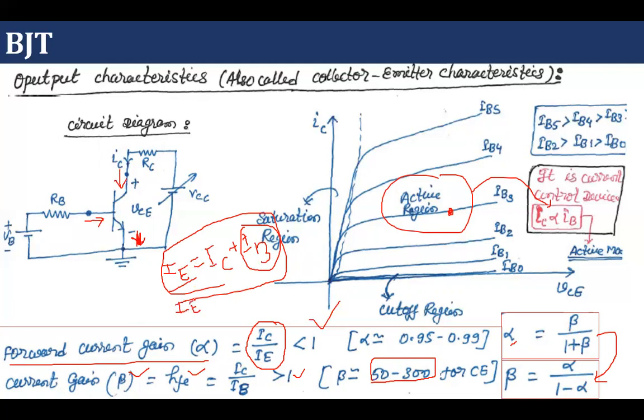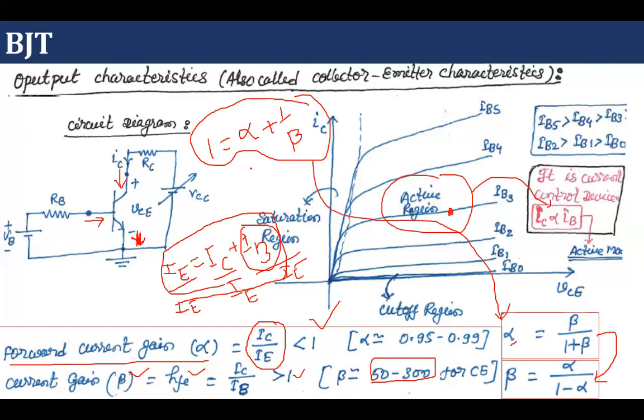What are we going to get? 1 equals IC upon IE, which is alpha, plus IB upon IE, and IC upon IB equals beta, so IB upon IC equals 1 upon beta. If we solve it, we can put it in either alpha form or beta form, and we get the relationship: alpha equals beta upon 1 plus beta, and beta equals alpha upon 1 minus alpha.